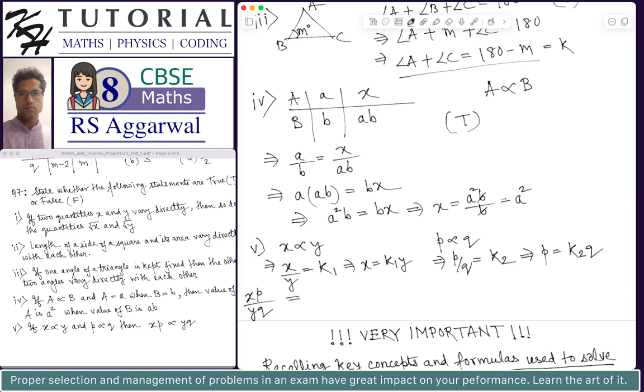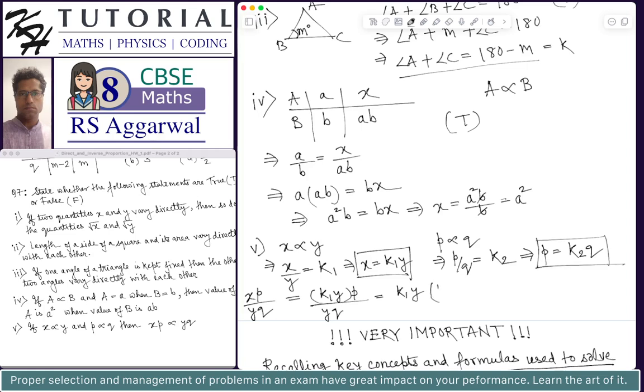This is equal to, from this fact, X is equal to K1Y. So this is K1Y multiplied by P divided by YQ. Now P, from here we get P equals K2Q.